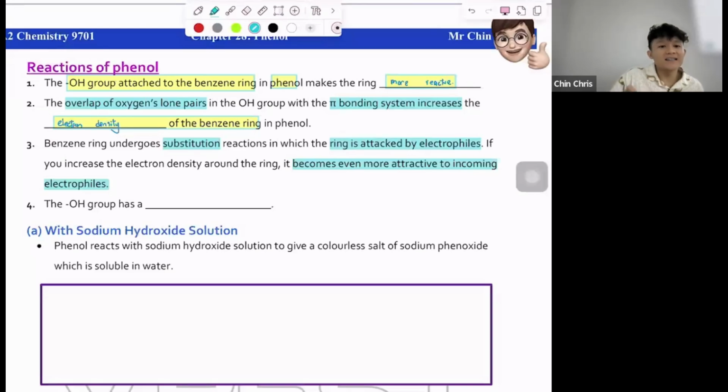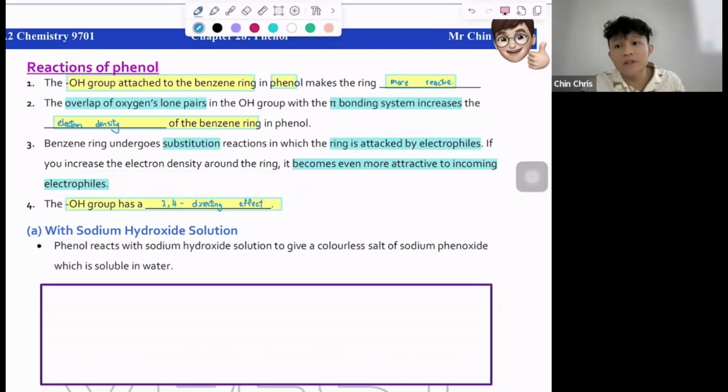Okay, and guys, the final part: the OH group on a phenol has a 2,4 directing effect. Which means any substitution on a phenol always goes into the second or the fourth position. Understand?